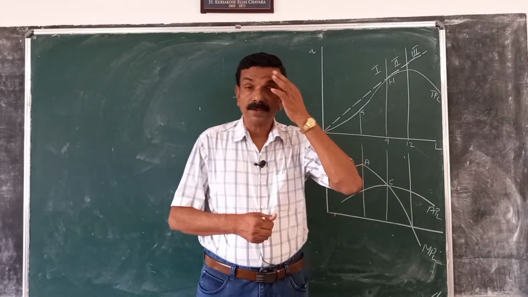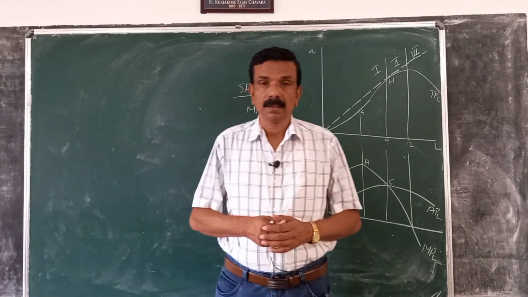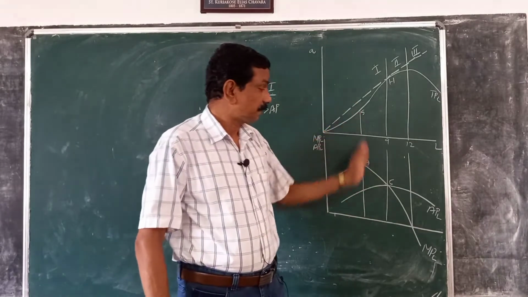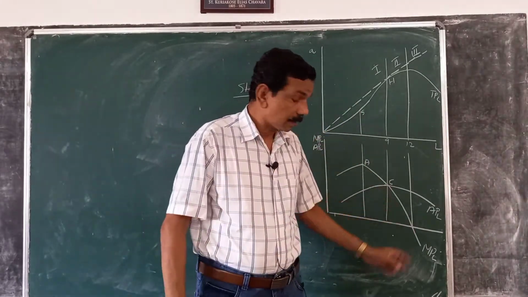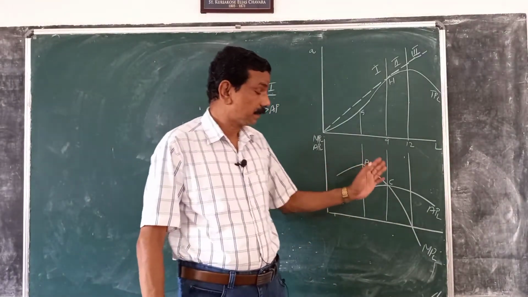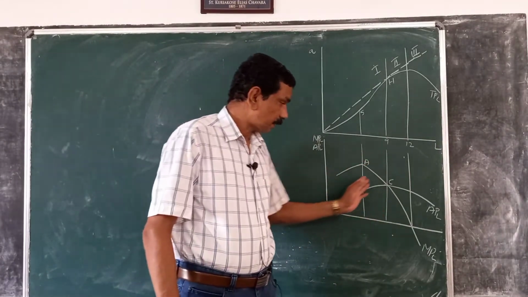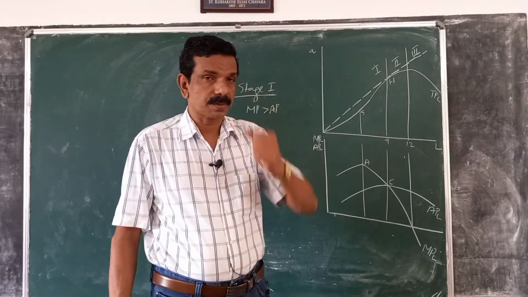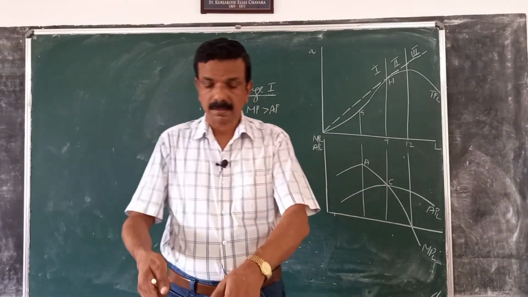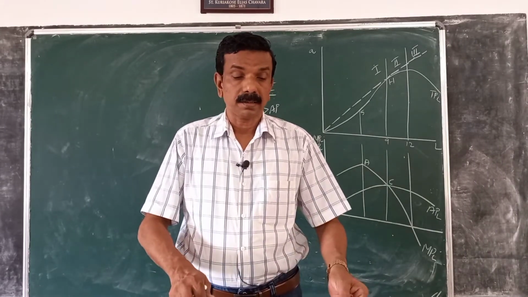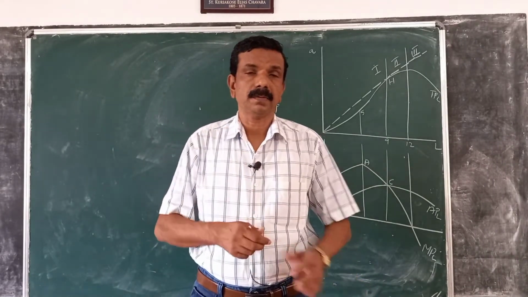So a profit maximizing producer never operates in the first stage, because it is always profitable to add more workers, more variable inputs, as productivity increases and as variable input is limited relative to fixed inputs.